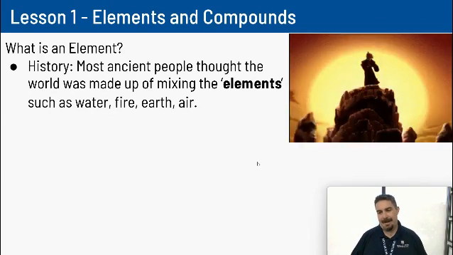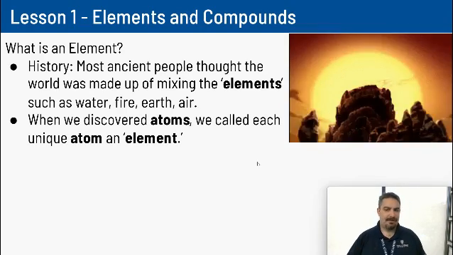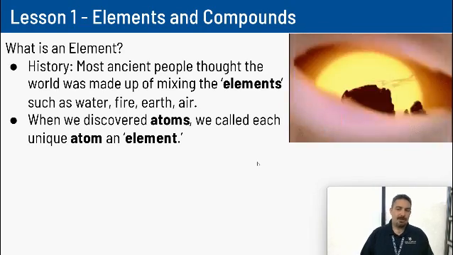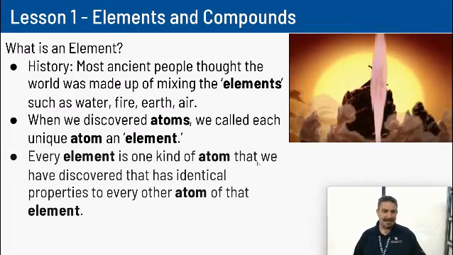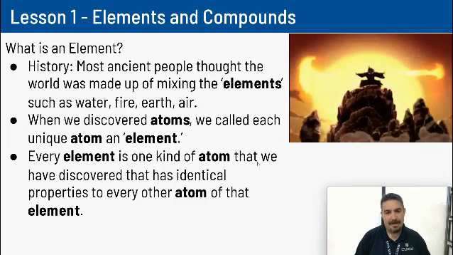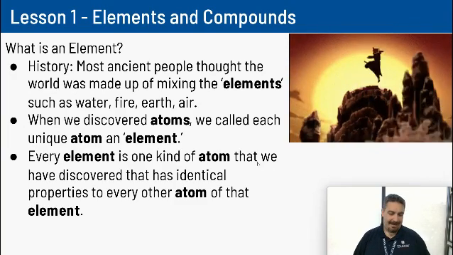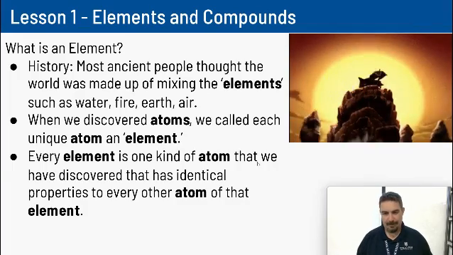Water, fire, earth, air are pretty common. When we discovered atoms really exist, we called each unique kind of atom an element. Now, every element is one particular kind of atom that we've discovered, and it has identical chemical properties to every other atom of that element. Every atom of water is like every other atom of water.